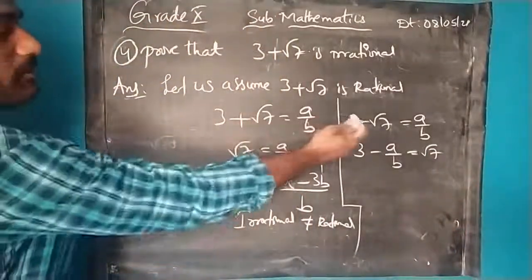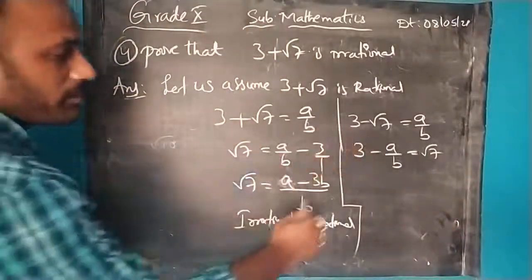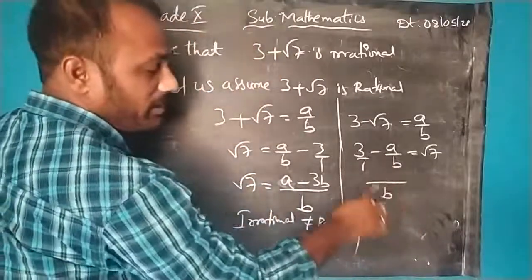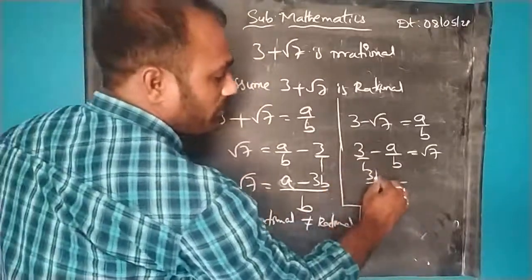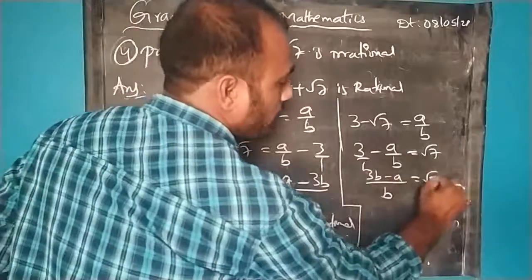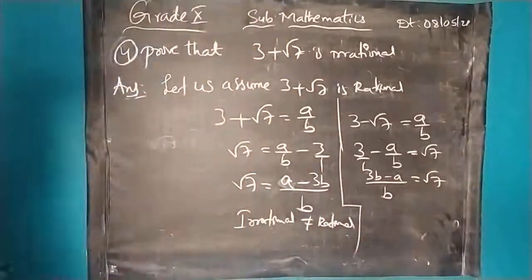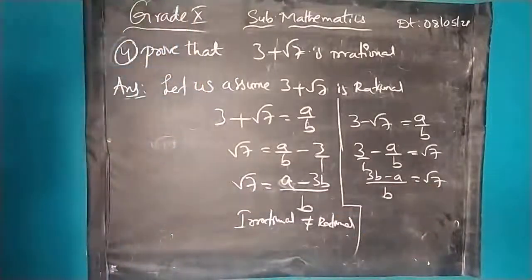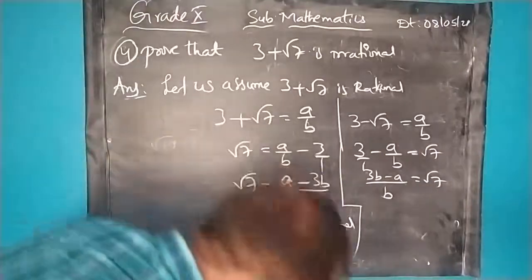Understand the difference carefully. Here the LCM is b, so it will become 3b minus a by b is equal to root 7. Again, same steps. This is a rational number, it is in the form of p by q. So all 4 steps we have to continue. So this is the 4th type question.